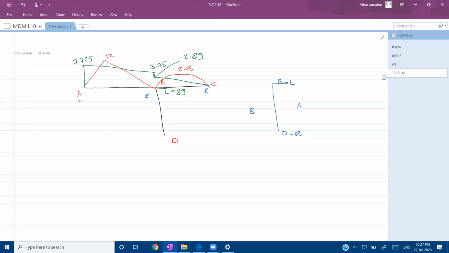Right support negative moment below the baseline, 0.43. We just have to join this, and the portion of the diagram below will be negative, above positive. So this is your final bending moment diagram for this given portal frame.